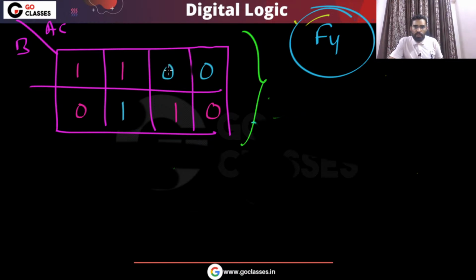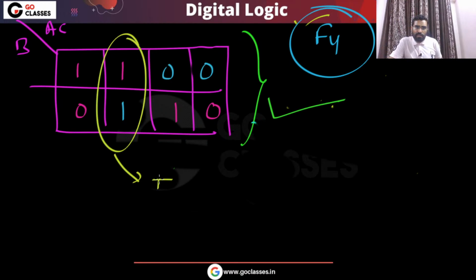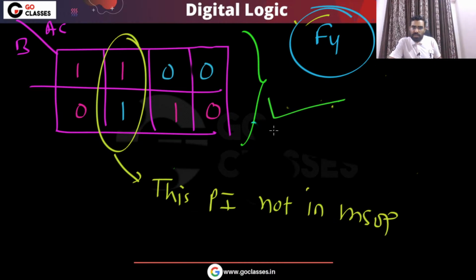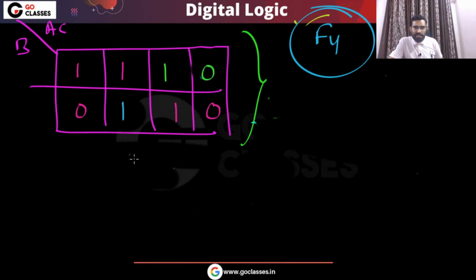And tell me, if I do it like this, will it work? See, this will also work because this PI will not appear in the minimum SOP. So this is also a correct answer. But will this setting work?